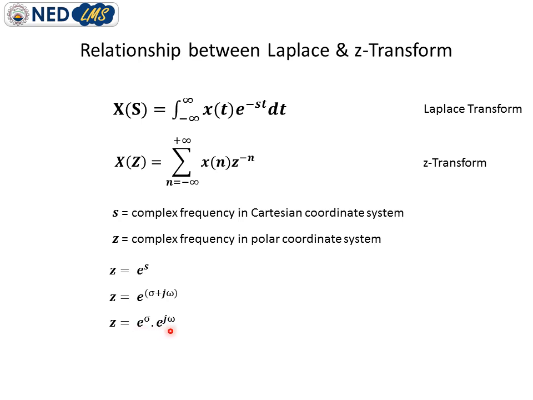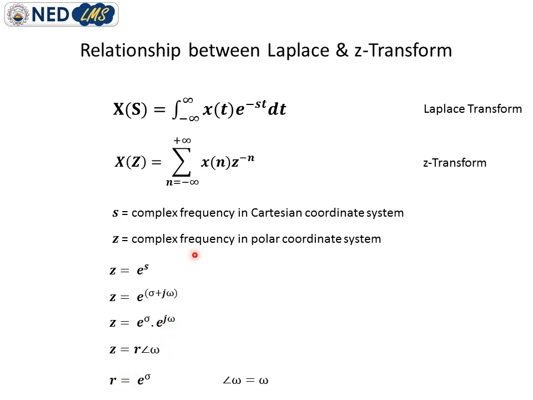These two basically make the z, which is the magnitude and the angle, the basic representation of polar coordinate system. So we can write z is equal to r angle omega, and by comparing these two equations we come to know that r is equal to e raised to power sigma and angle is basically the same angle represented in this Cartesian coordinate system.